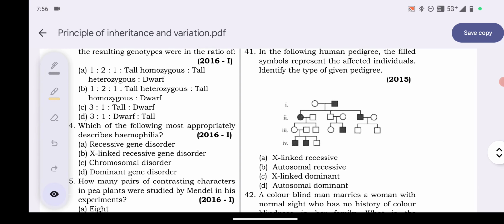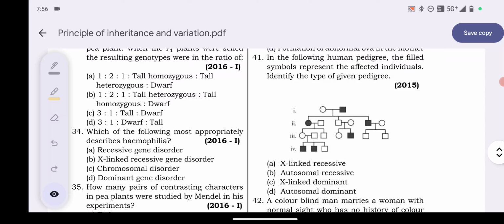41. In the following human pedigree, the filled symbols represent the affected individuals. Identify the type of given pedigree.